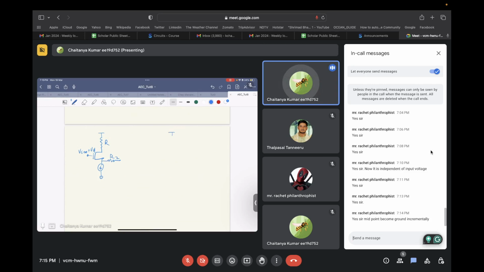And we have another circuit over here with R2 like this. If I connect these two points, this will become a differential ground, right?